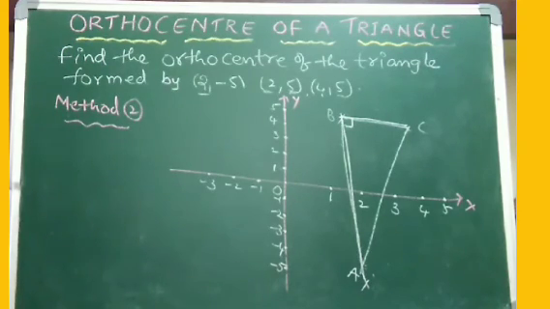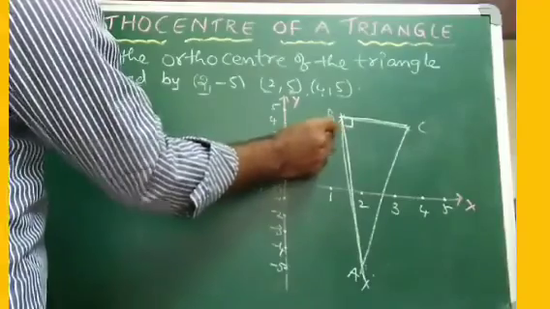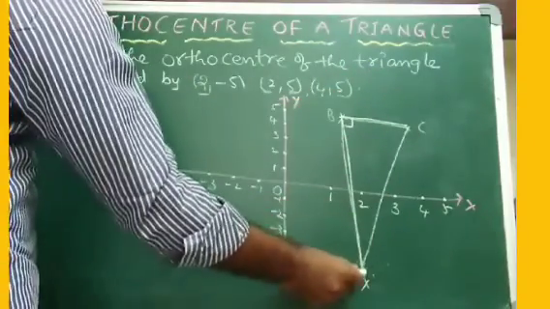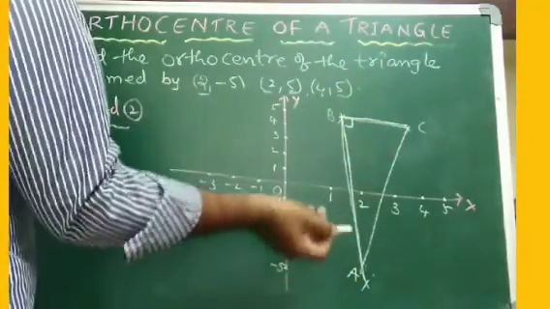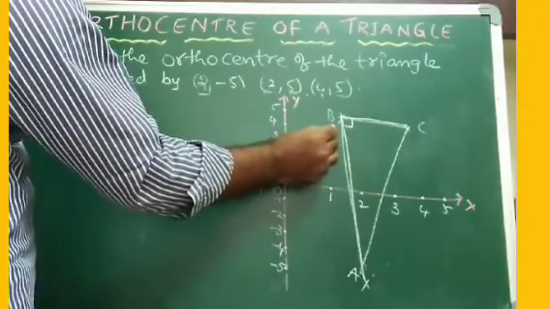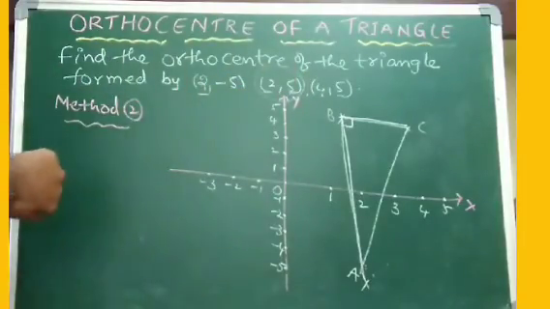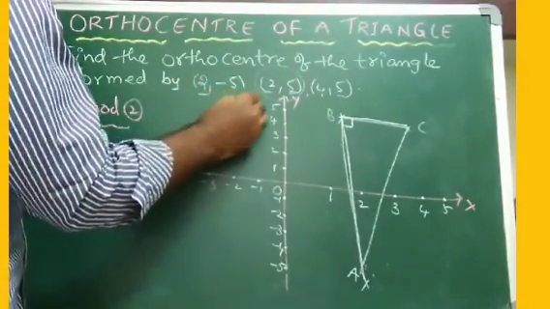Just now we discussed, if it is a right angle triangle, then the orthocenter is the vertex which is 90 degrees. Therefore, among the vertices A, B, C, which vertex is at right angle? Obviously angle B. So B's coordinates are (2, 5).